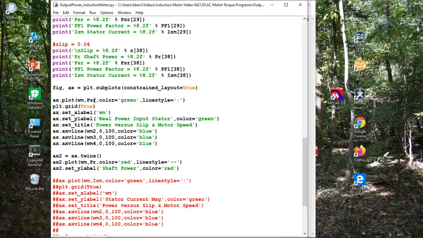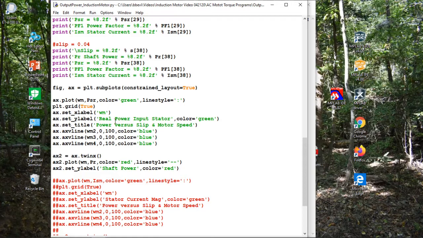So this first time I'm going to look at PSR, right? This is real power, stator input power. This is the power that you're seeing, whatever the power supply, the AC mains, that's hooked up to the motor. This is the actual power that it's seeing in there, the real part of it.